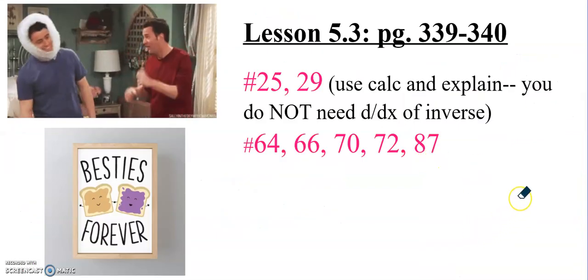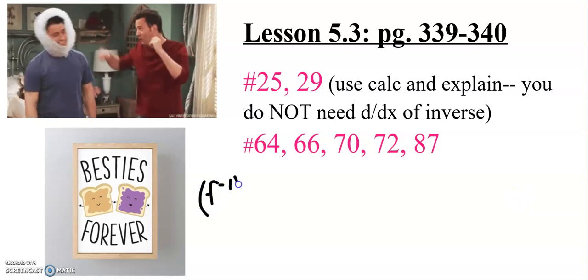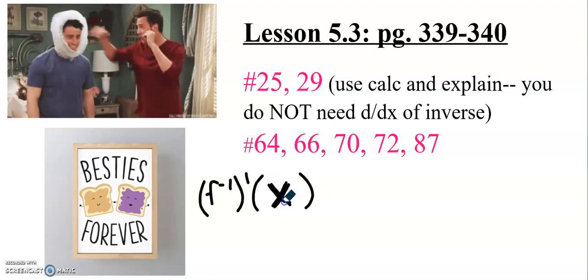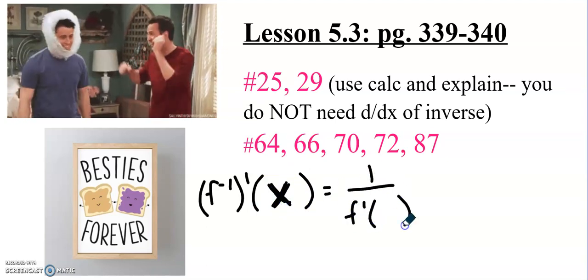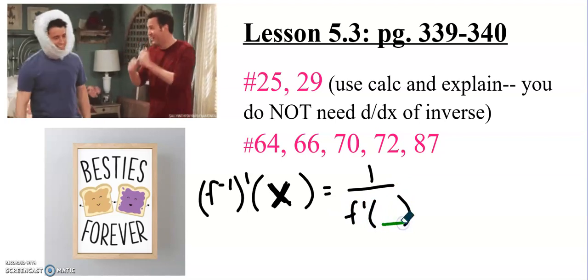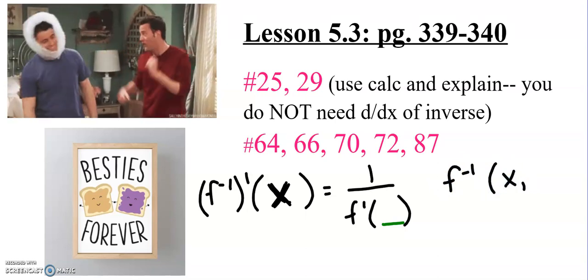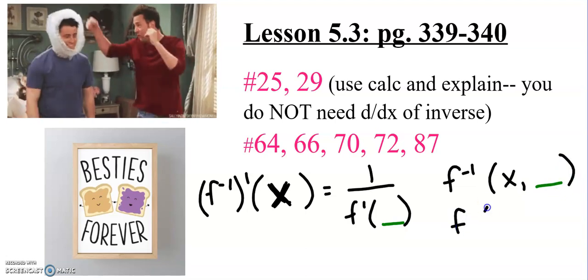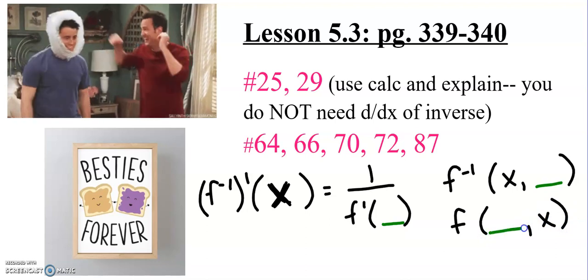All right, so in summary, we always want to set up what are we finding? F inverse prime at the given value is equal to 1 over f prime at a mystery value. So we know that f inverse has x, comma, mystery, which means that f, the function I was given, has mystery, comma, x.